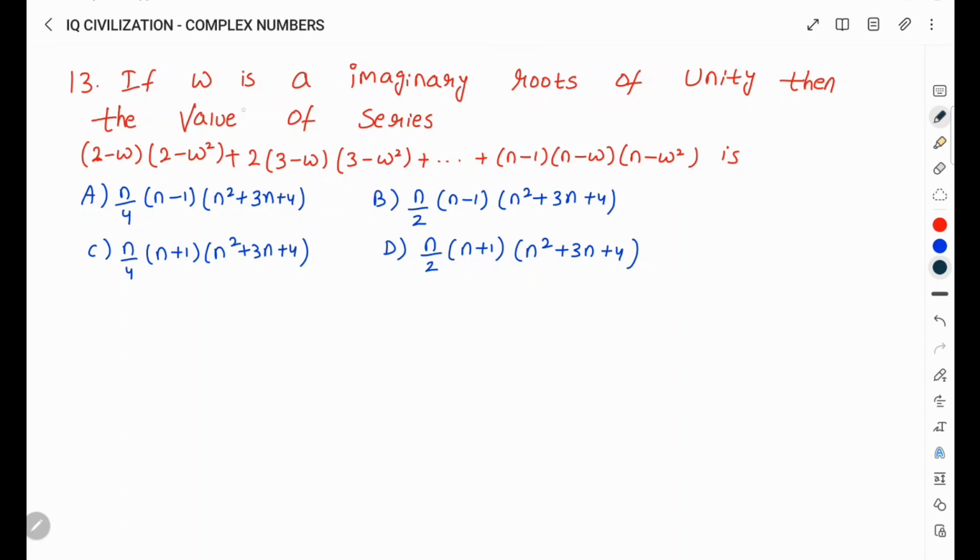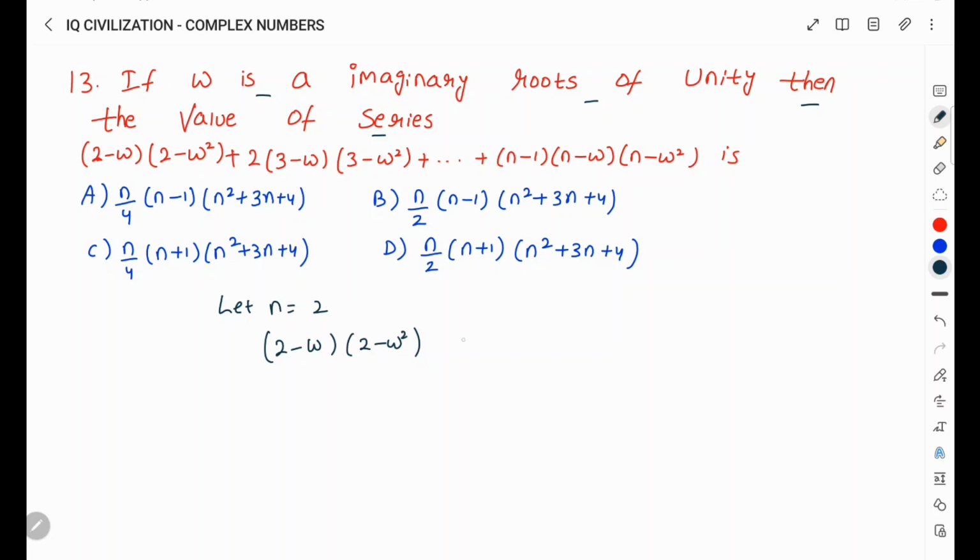See the next one. If omega is an imaginary root of unity and the value of this series, okay, so we can't do it directly, and whenever the question is like "and so on up to n terms", we take 2 terms, 3 terms, like that. So here let n value be equal to 2. So the LHS becomes (2 minus omega)(2 minus omega square).